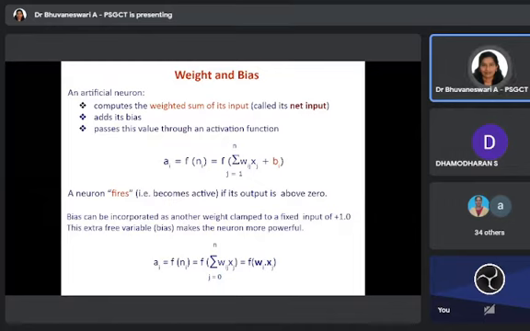Biases can be incorporated as another weight clamped to the fixed input of 1.0. This bias makes the neuron more powerful, right?